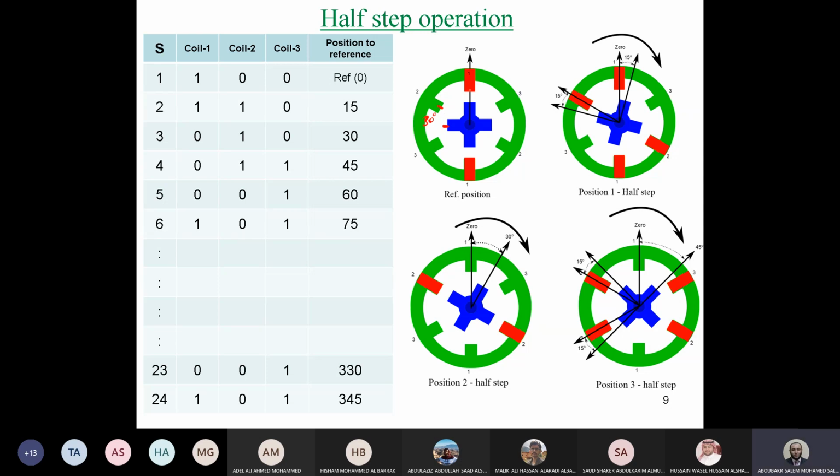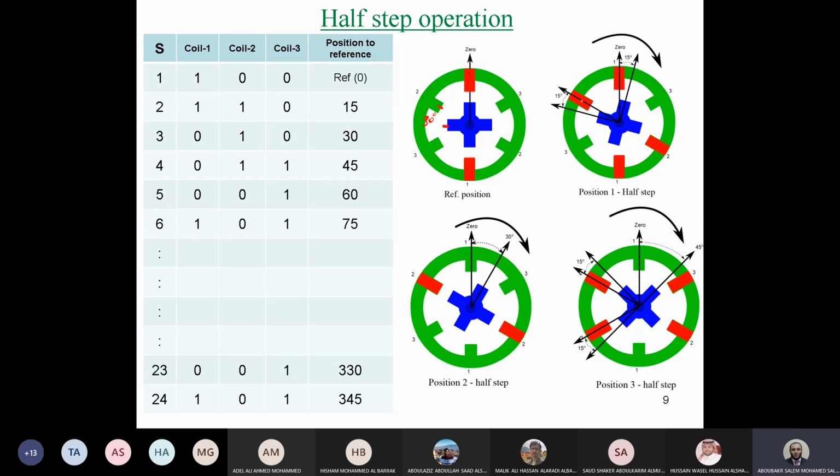Coil number 1 needs to make a very short distance as well. This is the same flux line characteristics. So guys, because we have two different coils, there will be a back and forth between the two flux lines until moving the rotor equidistant, to be in equal displacement from each tooth. So the rotor will move in this direction and will keep a distance of 15 degrees away from each stator tooth.